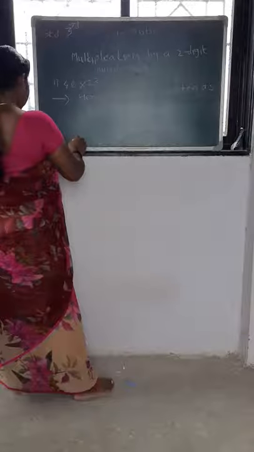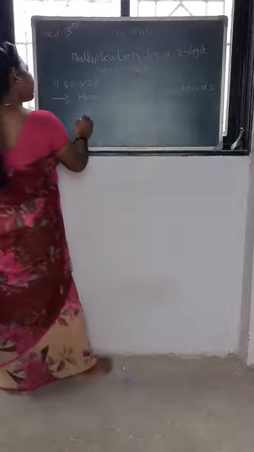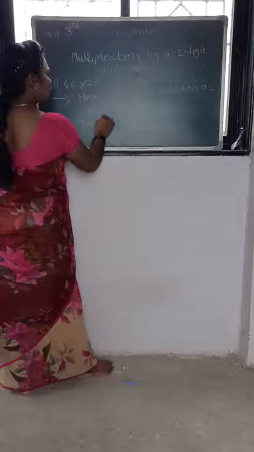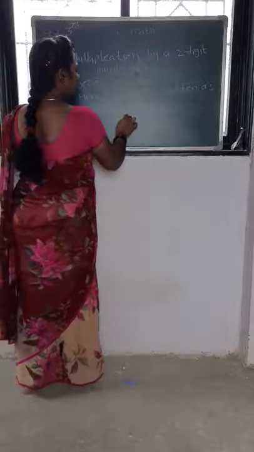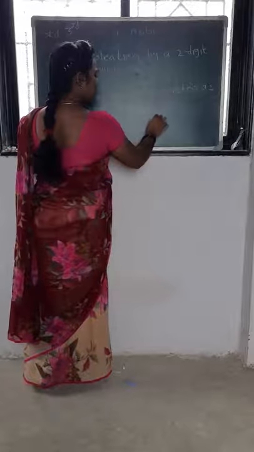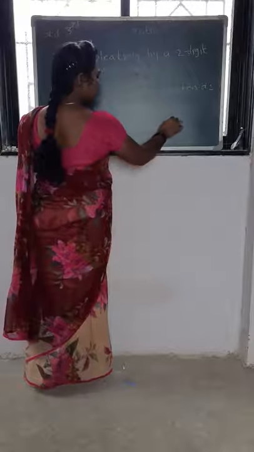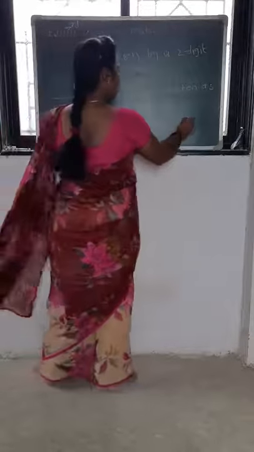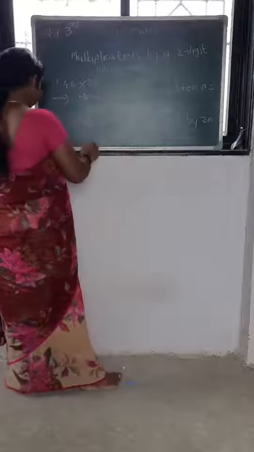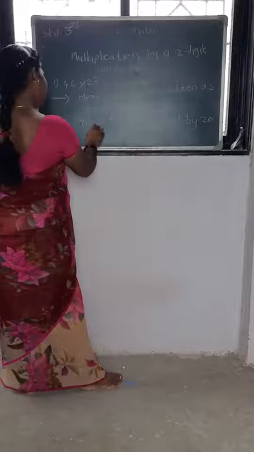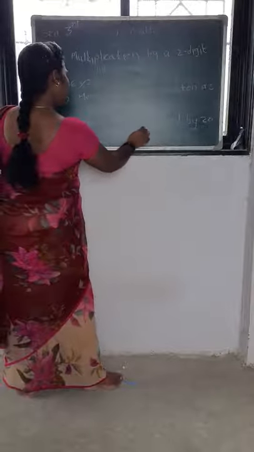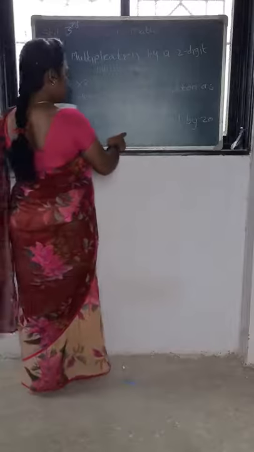Then 46, the first term, is multiplied by 20. Therefore, 46 multiplied by 20 is equal to 920.